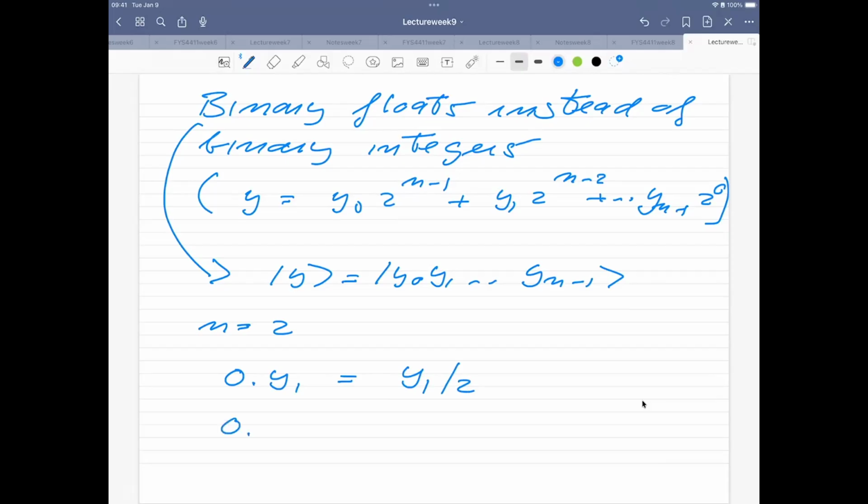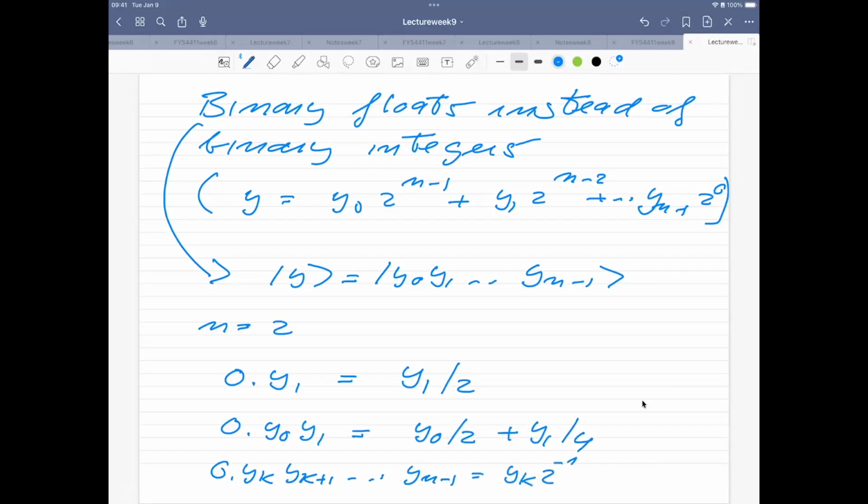And then 0.y0y1 is given by y0 divided by 2 plus y1 divided by 4. You're probably familiar with that formula. So suppose you have a formula like 0.y_k y_(k+1) all the way up to y_(n-1). This translates into y_k times 2^(-1) plus y_(k+1) times 2^(-2), and all the way to the final one.